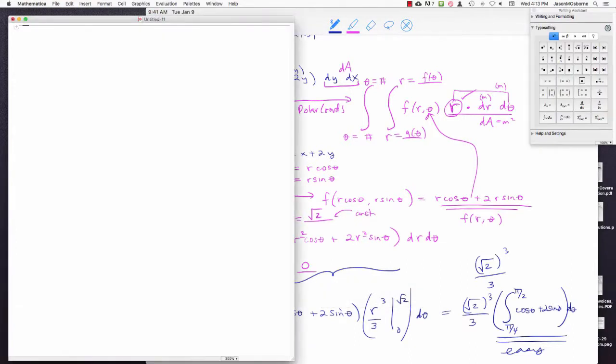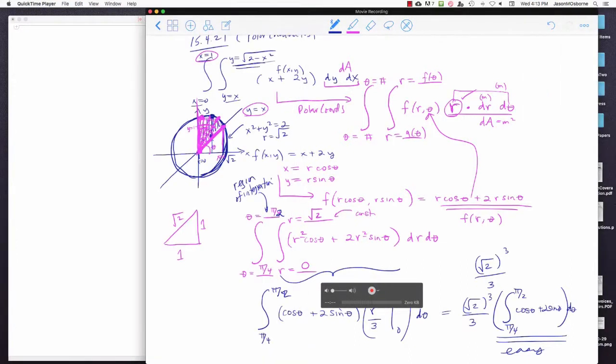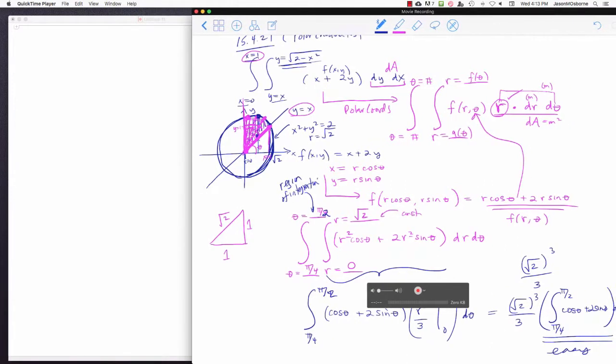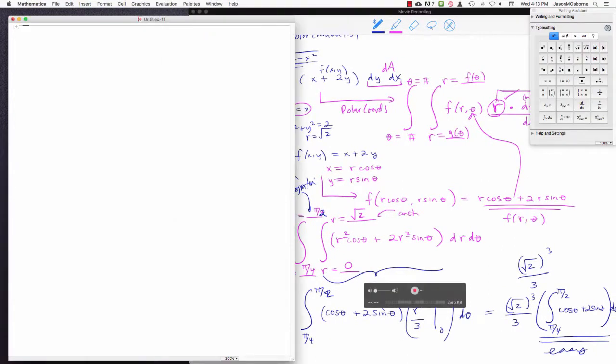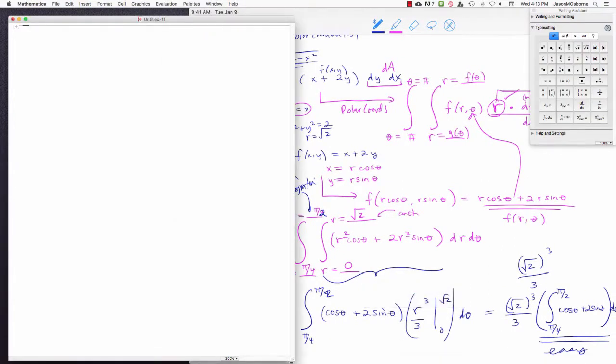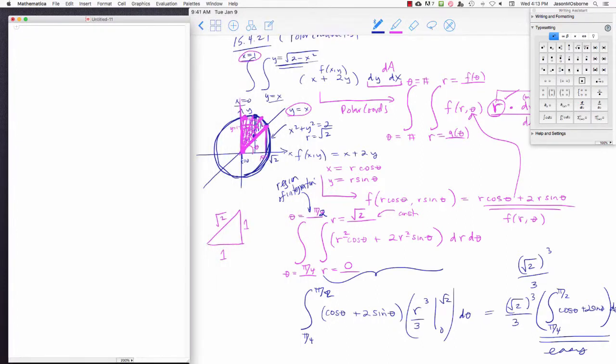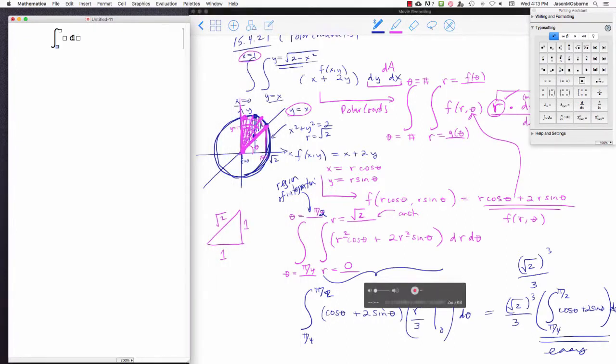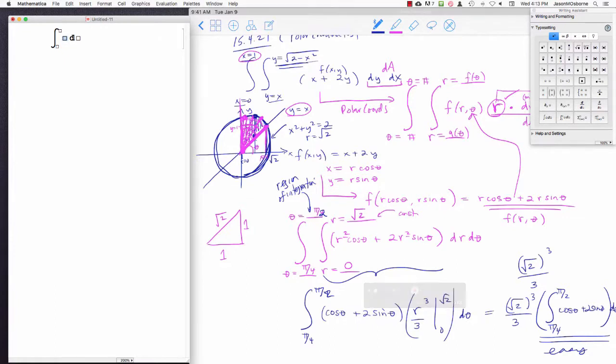Okay, a couple things to check here. Let me move this to the side just a little bit. If we're checking our integral, you can put the integral that had the x's and y's in it, which we were asked to convert: x plus 2 times y, dy dx.